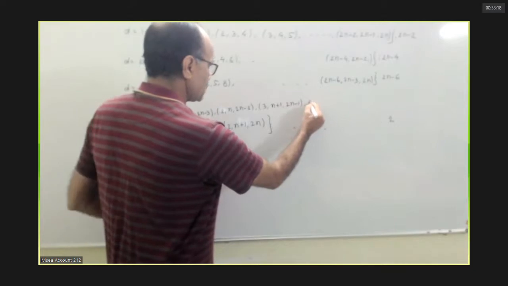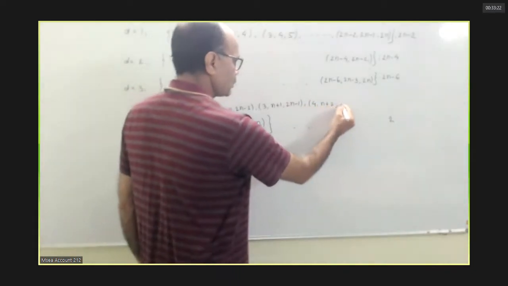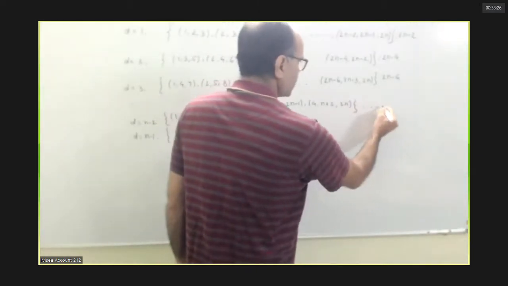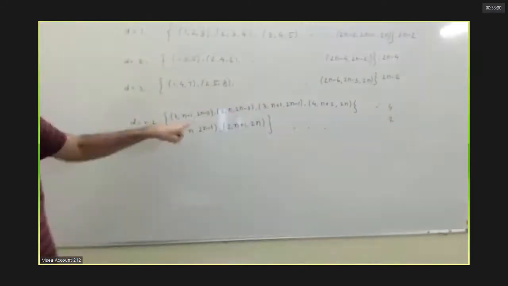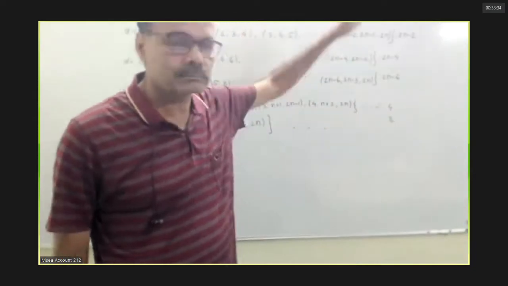Next 4, n plus 2, 2n. So with common difference n minus 2, the number of ways we can select 3 tickets is 4.